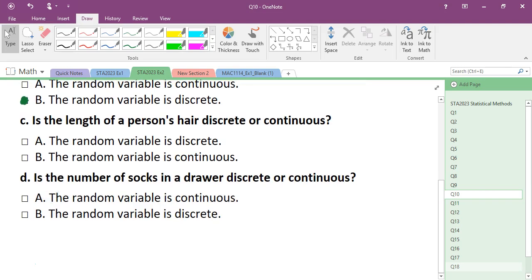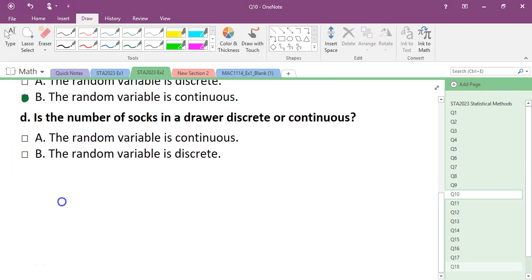The length of a person's hair. Definitely continuous, right? Think about it as I talked to you guys in class. If someone has hair that is 10 inches long and someone has 11 inches long, is it possible to be between 10 and 11 inches? Absolutely, right? So definitely continuous.